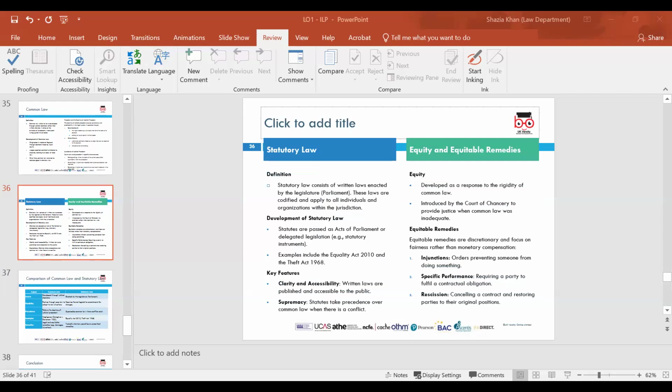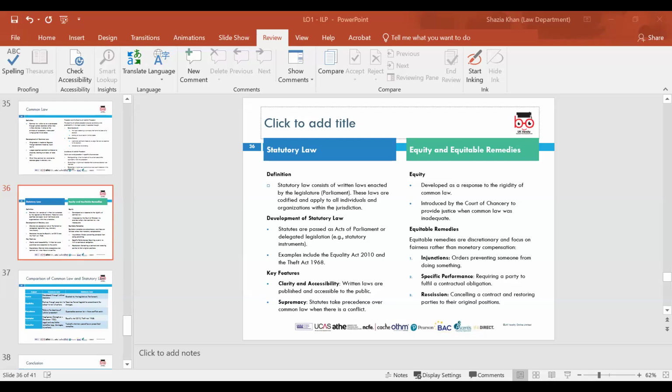Whereas common law didn't have many remedies, there was a need to bring equity into place, and it helped people because there were more remedies available for individuals who felt that common law wasn't helping them.